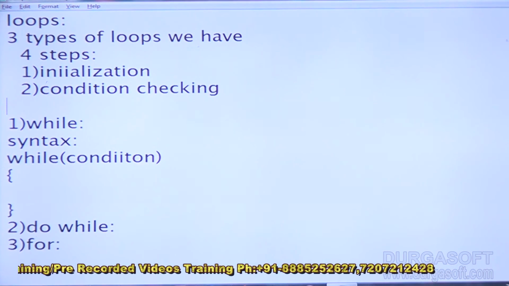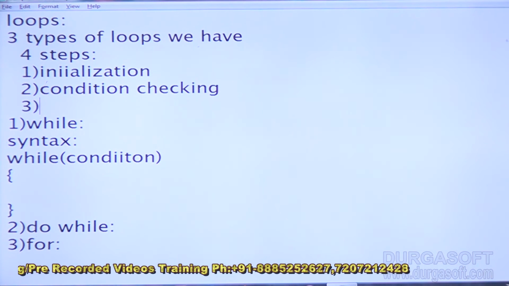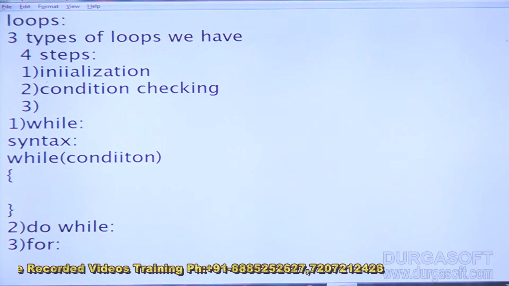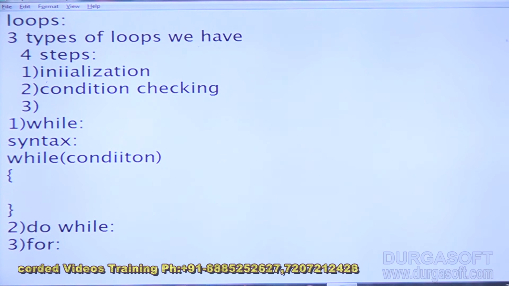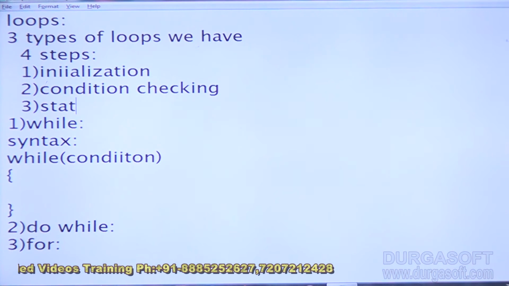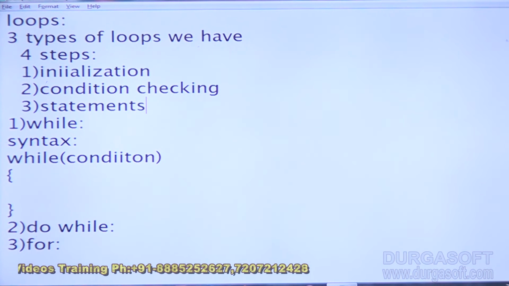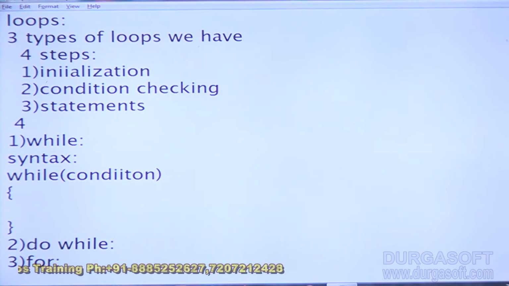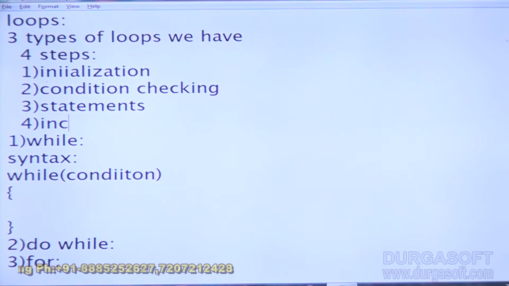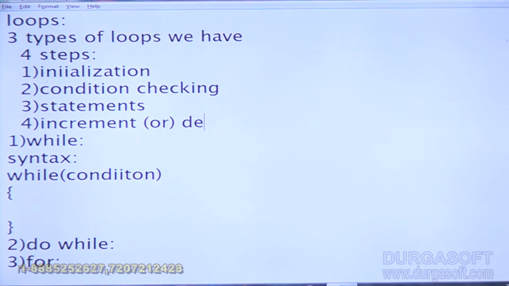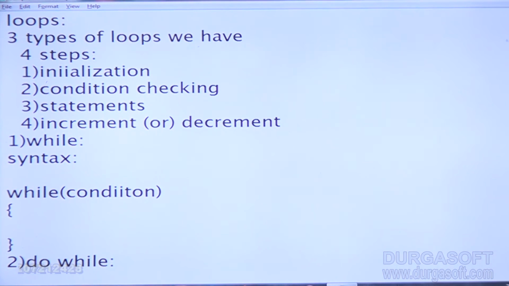The third one is printing statements and the fourth one is incrementing or decrementing. In the while loop, the first thing is initialization.